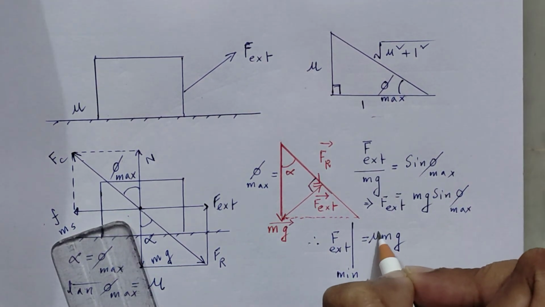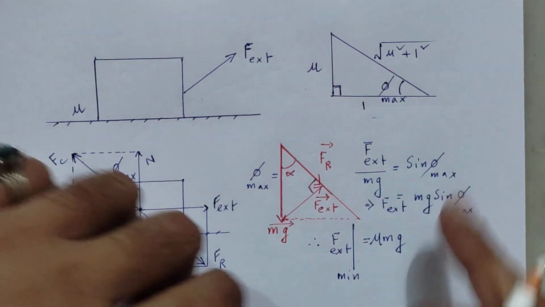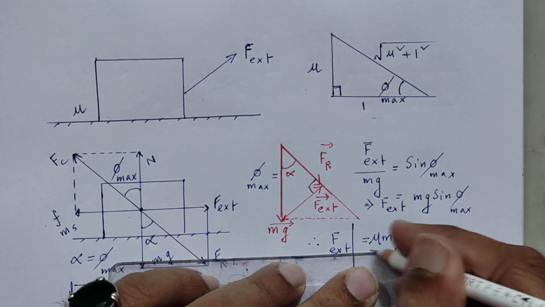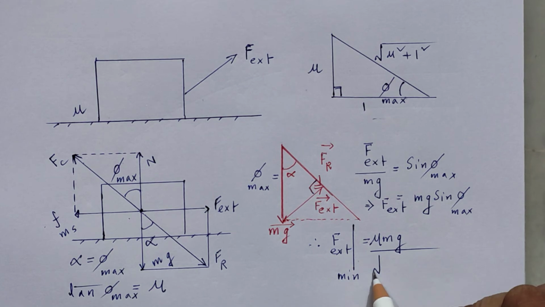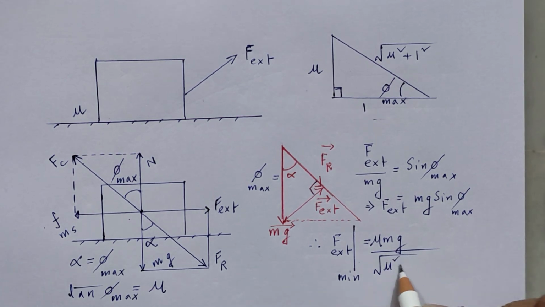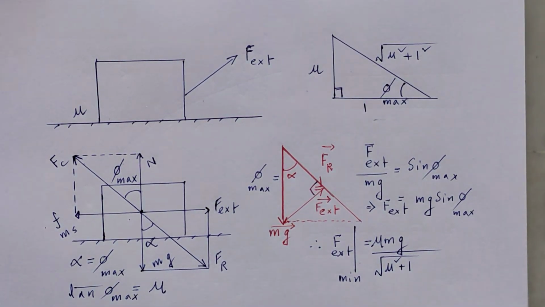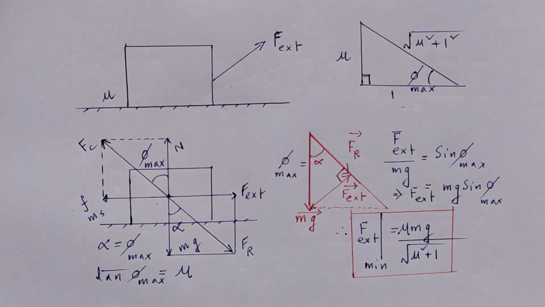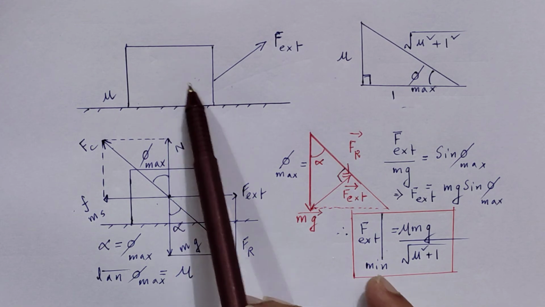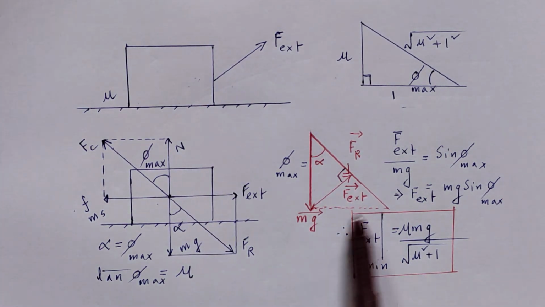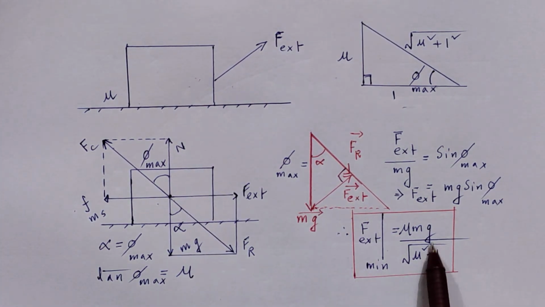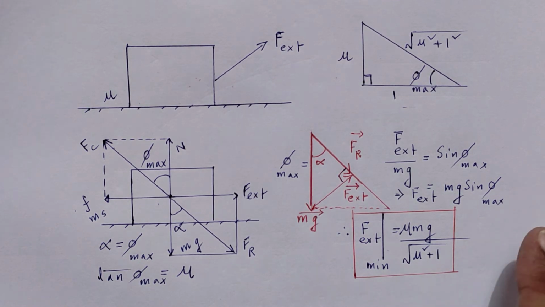So I will put mu here, and the hypotenuse is root over mu square plus 1. So the minimum force which is required to be applied so that this block just starts sliding is mu mg by square root of mu square plus 1.